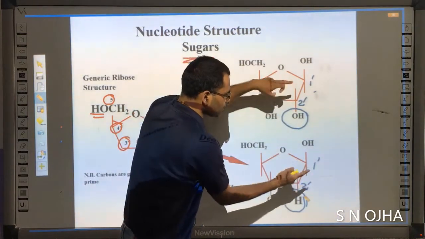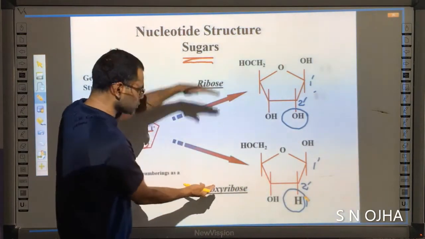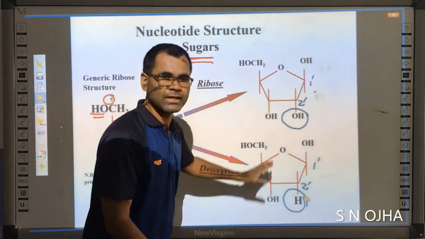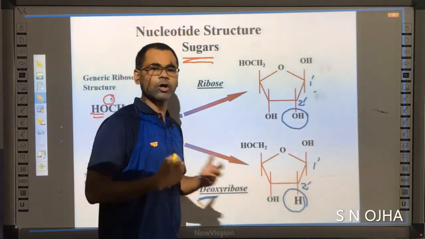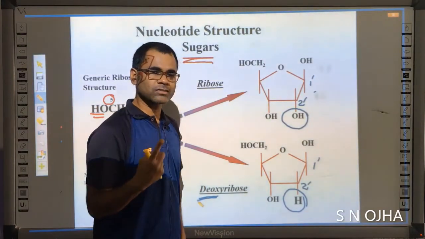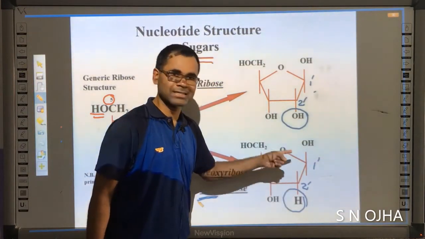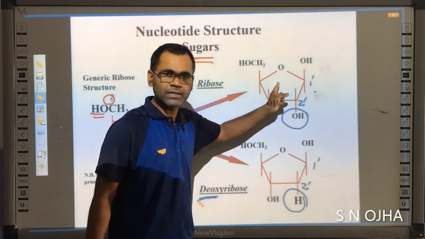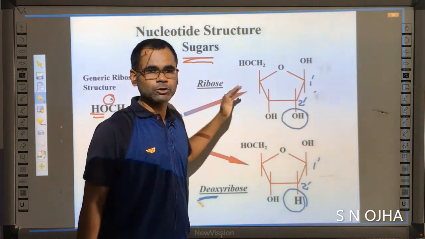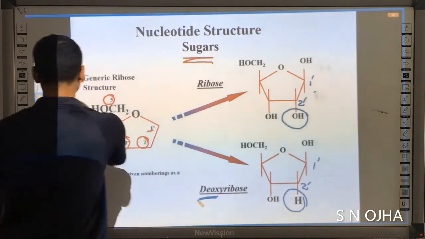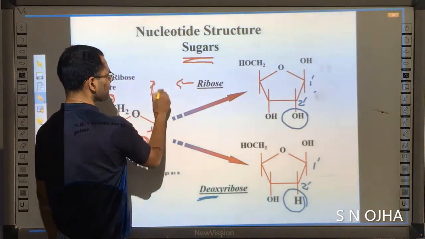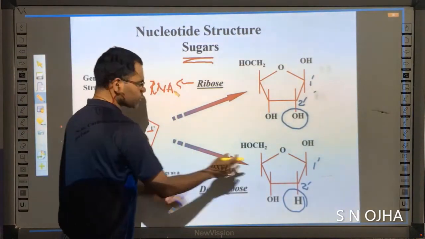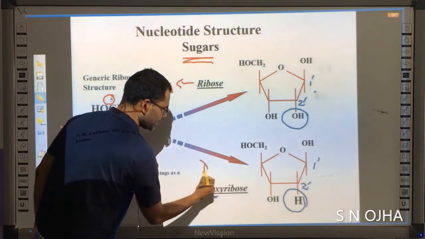This is the major difference between ribose and deoxyribose, and that's why it is called deoxy, meaning absence of oxygen. So deoxyribose has one oxygen less than ribose. Ribose sugars compose RNA, while deoxyribose sugars are present in DNA.